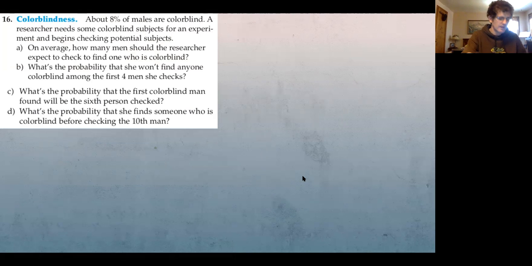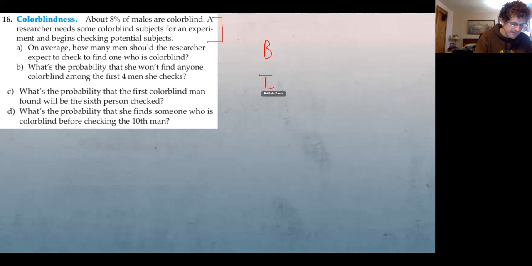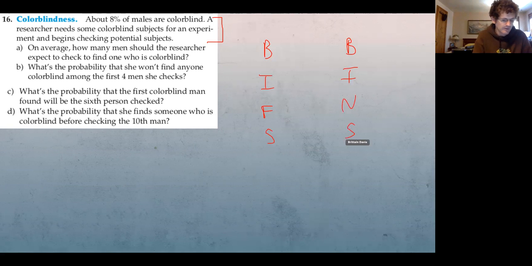So I'm not interested in the full problem here. Just read this and let's make sure it meets our criteria. Is this BIFS or is it BINS? We have to check binary, independent, and same probability. I'm just going to talk through this one. 8% of males are colorblind.